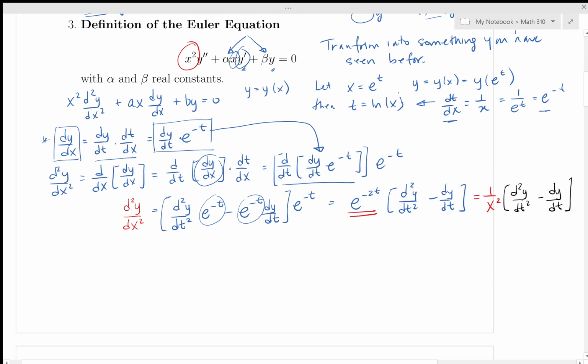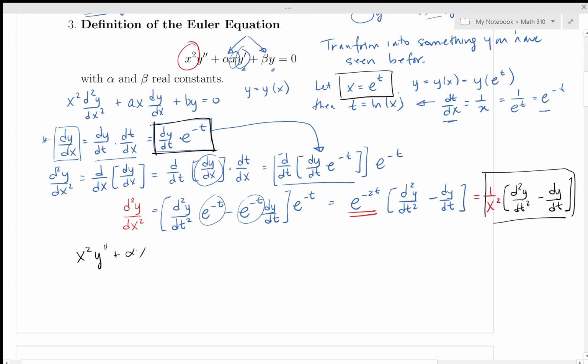We now have our substitution set up. We know what the first derivative is, and we know what the second derivative is. So now I can simply substitute into the differential equation. I'm going to write the differential equation in terms of x just right here so I can see exactly how the substitution is working.